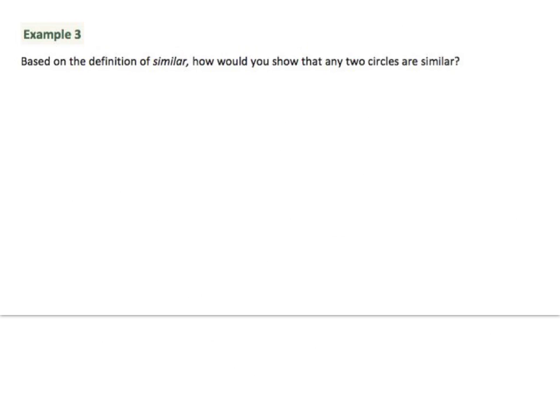Okay, let's talk circles. Based on the definition of similar, how would you say that two circles are similar?